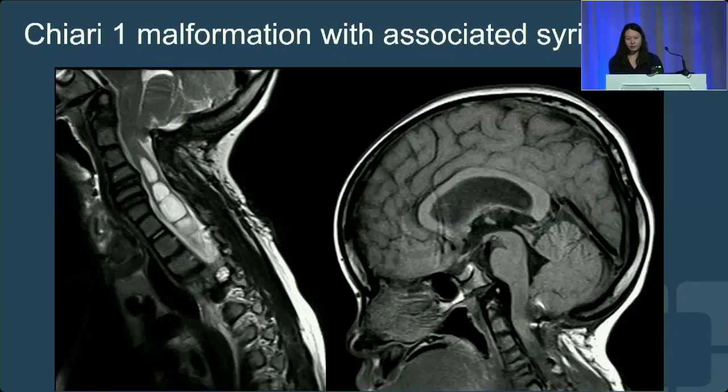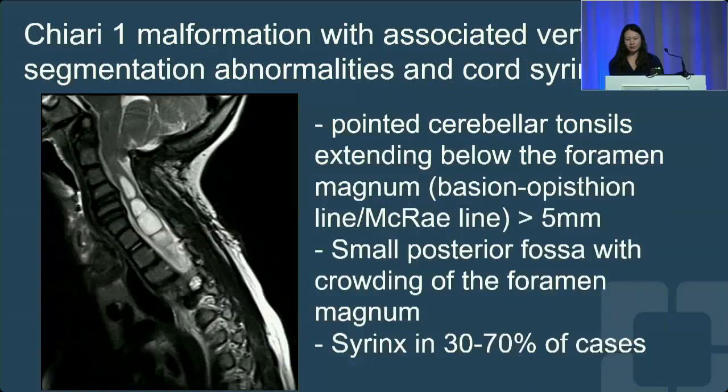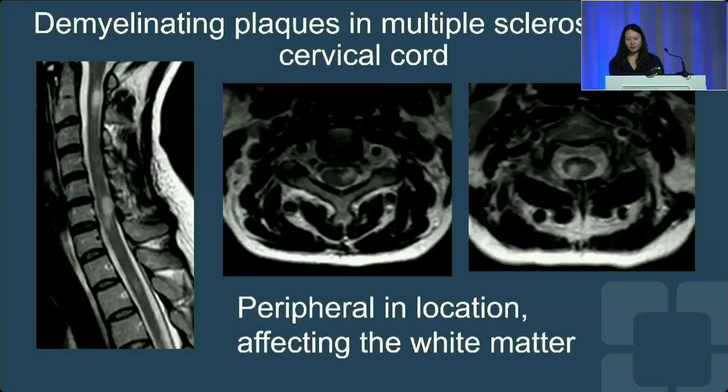Other cord abnormalities. Here's an example of a Chiari 1 malformation. You can see this large cervical syrinx. This person was decompressed, but you can see their cerebellar tonsils are still a little bit elongated. And this is a case of demyelinating plaques in MS. You can see it's peripheral in location, predominantly affecting the white matter.